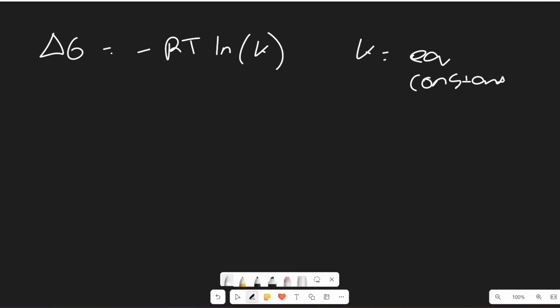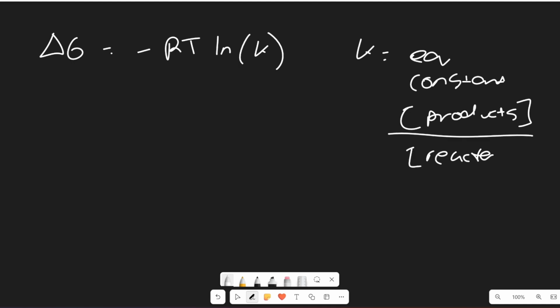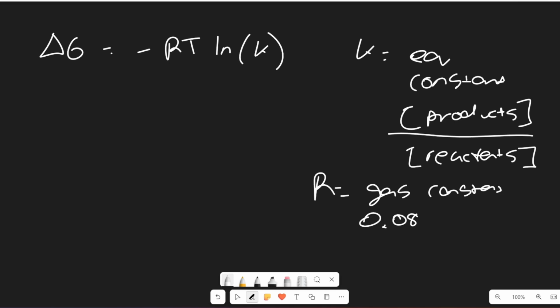So essentially it would be when we take the products concentrations over the reactants concentrations, and then we have R, which is our gas constant, which in most cases will be 0.08206, and then we have T, which is obviously our temperature.